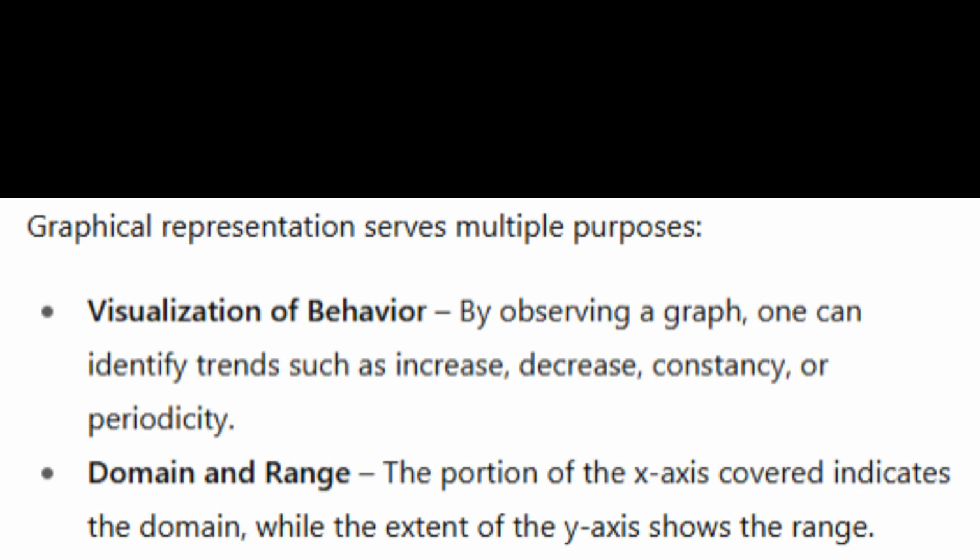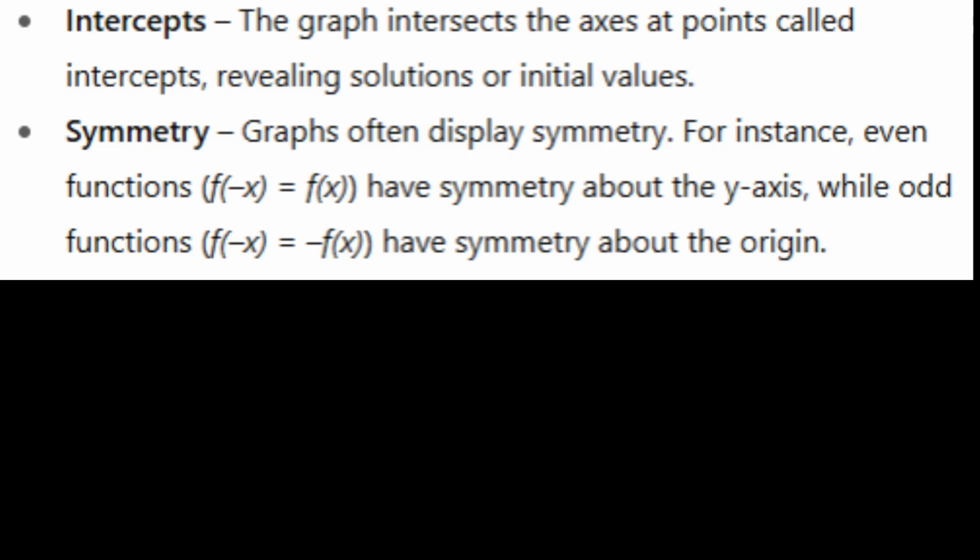Visualization of behavior. By observing a graph, one can identify trends such as increase, decrease, constancy, or periodicity. Domain and range. The portion of the x-axis covered indicates the domain, while the extent of the y-axis shows the range. Intercepts. The graph intersects the axes at points called intercepts, revealing solutions or initial values.